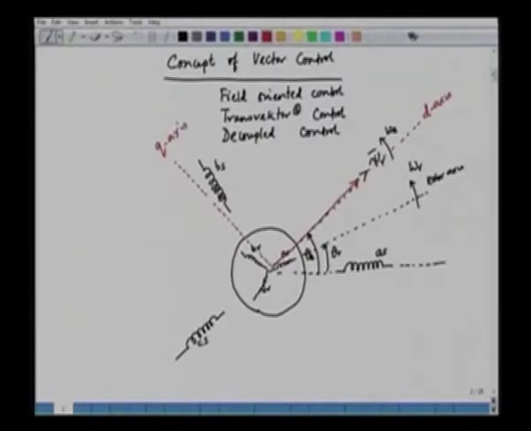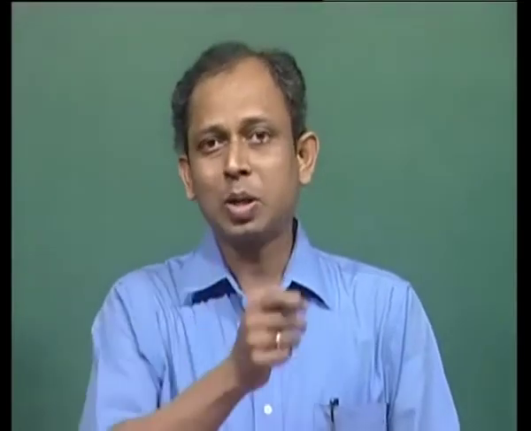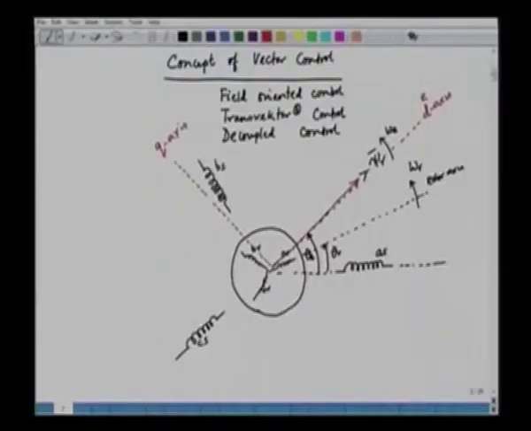And these dq axes are rotating with the rotor flux vector at synchronous speed. And synchronous speed is omega e, and since this is a very special reference frame, we call this reference frame d^e and q^e, d superscript e and q superscript e, symbolizing that these are the reference frame attached with the rotor flux vector.